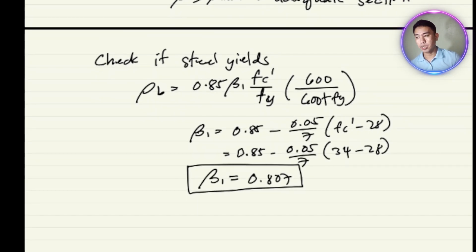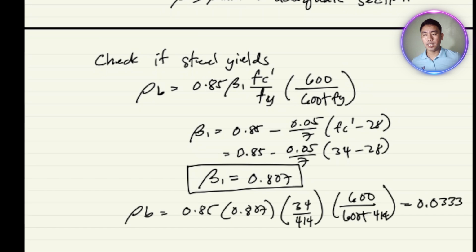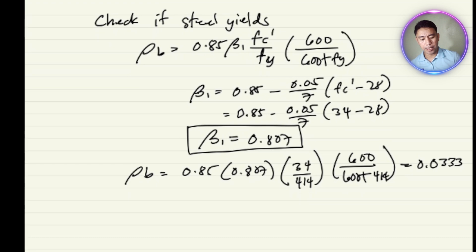Okay, so we will use that in the calculation. So we can solve rho balance here, 0.85 times 0.807. Ang FC prime natin is 34 over 414. And then we have 600 over 600 plus 414 is equal to 0.0333. Okay, so that's our rho balance.